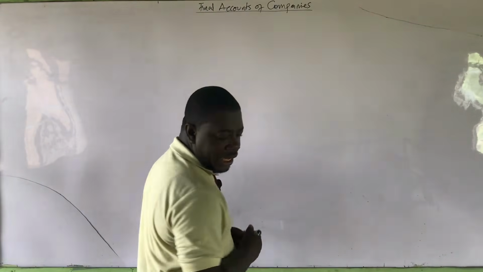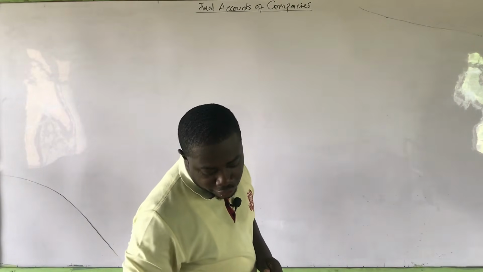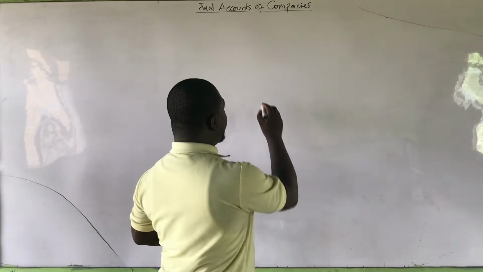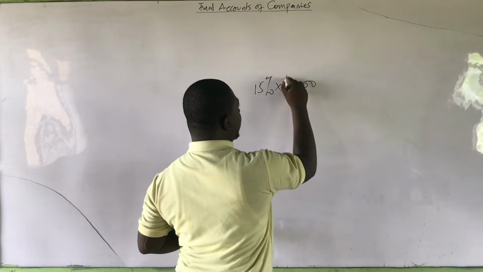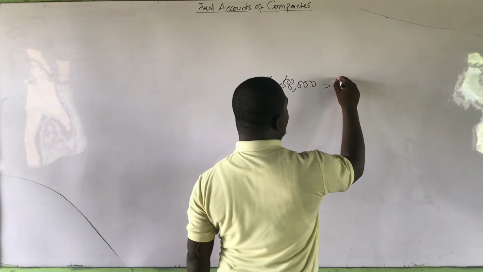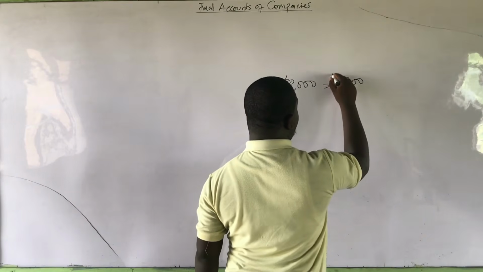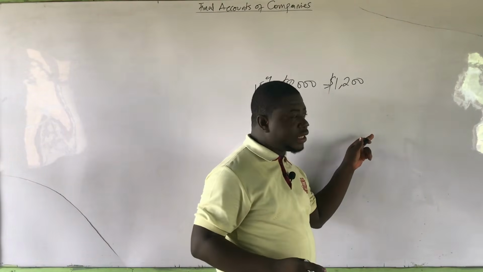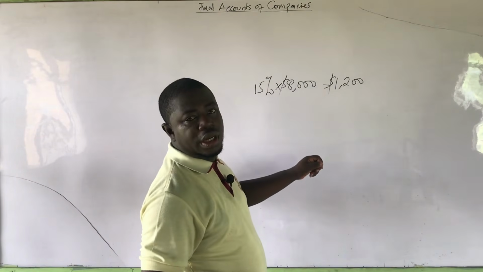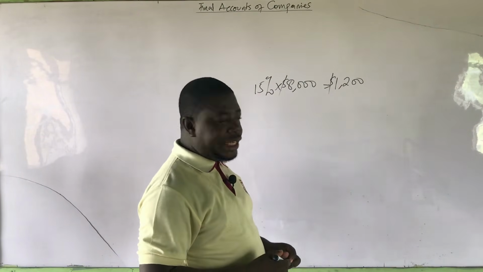For example, in this case, the debenture value is $8,000. If you calculate 15% of $8,000, it's going to give you $1,200 if I'm right. Now, this $1,200 is what should actually be paid in the year for debenture interest.